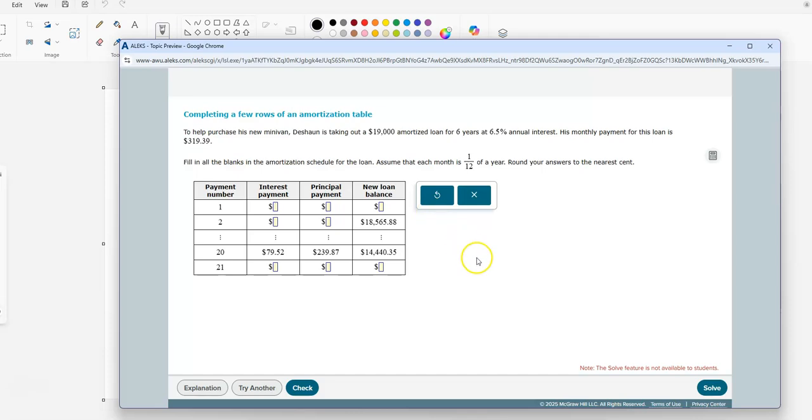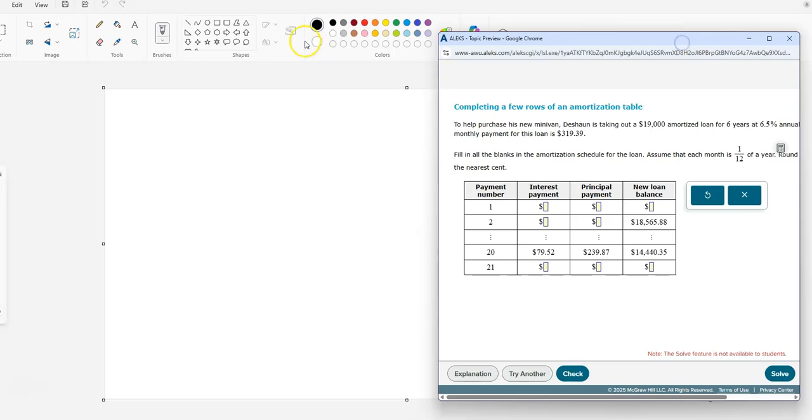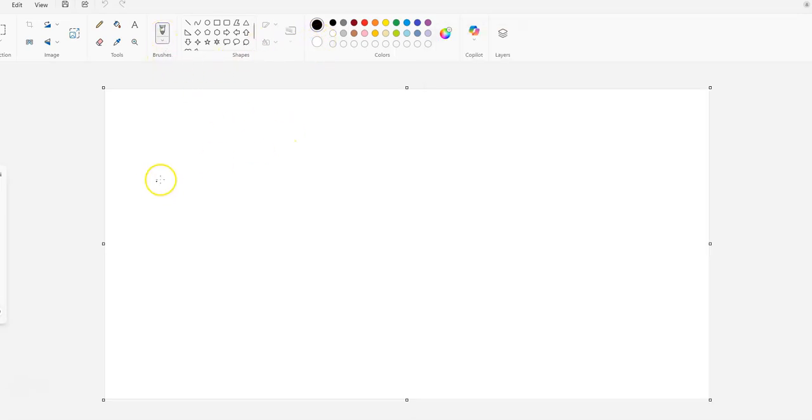The interest is what we pay to the bank for using their money. So the bank loaned you money, $19,000. It's not free. You have to pay a fee on this money, which we call interest. So we need to understand how a payment works.